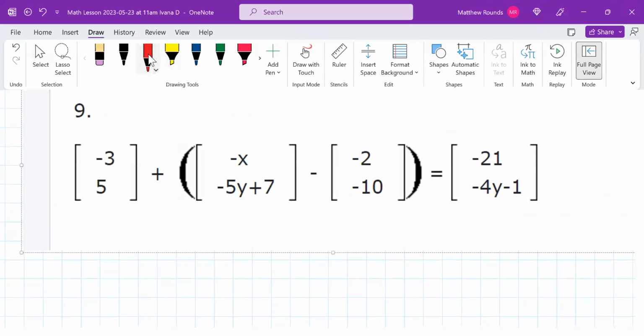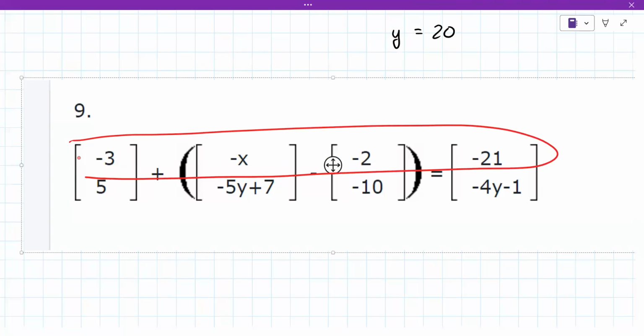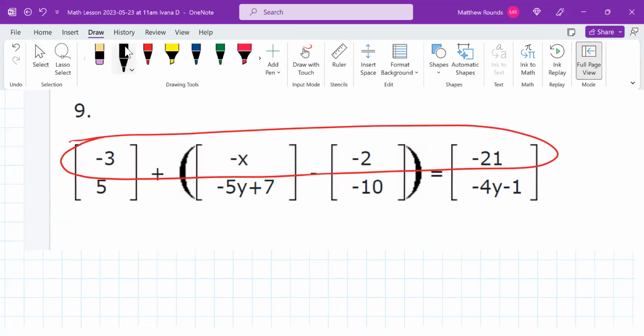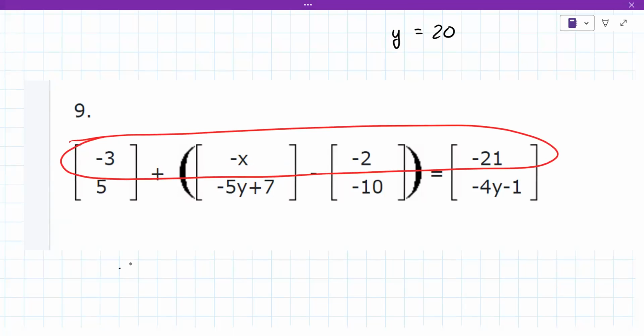If you look at just the first row, I think you can see this pretty well. It's really -3 plus minus x minus a -2 equals -21. Just rewriting that first row there.